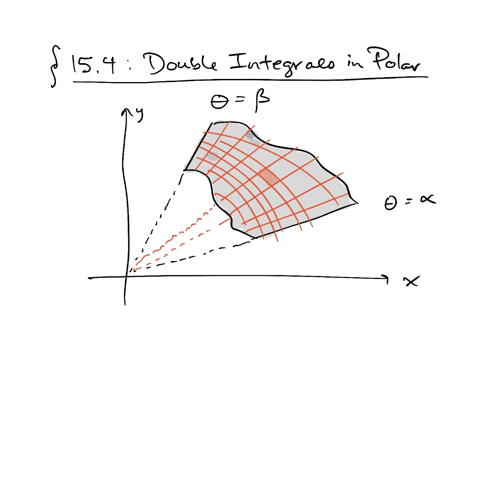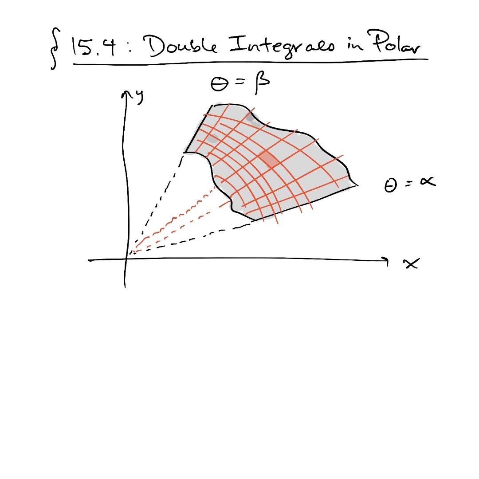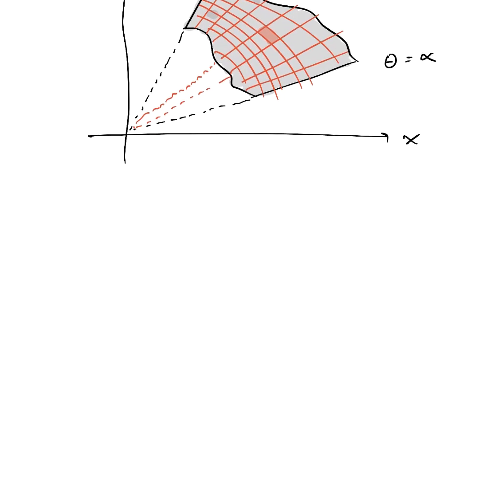So I'm going to draw that one piece much bigger now so we can focus on just it. So that one red piece maybe looks like this. So we're blowing it up big, so now it looks like this.